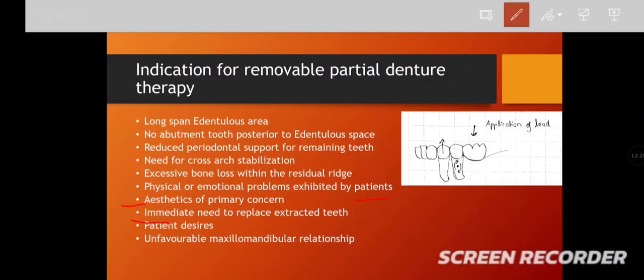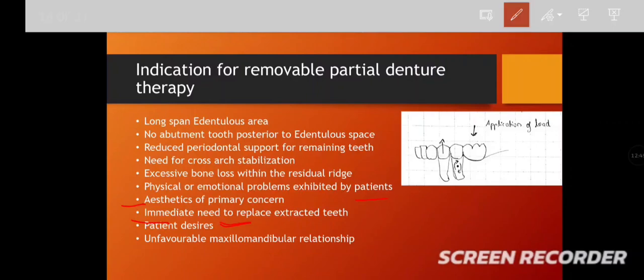But with FPD, if there is a resorption under the prosthesis, then there will be a gap formation leading to food lodgement. Removable partial denture would be a good option for immediate replacement. After healing, you can go for the definitive replacement, that is fixed partial denture.